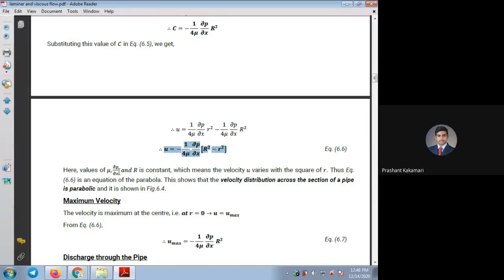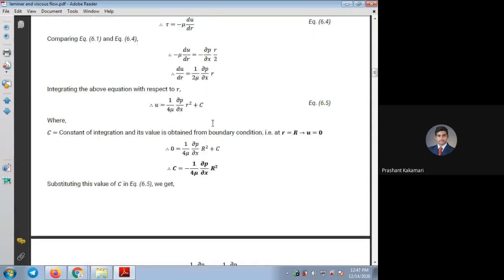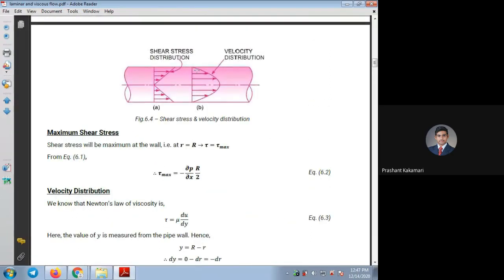The values of this mu, dou p by dou x, and R are constants because these are fixed values. Okay. And velocity u varies with the square of r. See here, it is varying in the square terms. In all the equations, the velocity varies in terms of square. So that's why there will be a parabolic curve for the velocities.